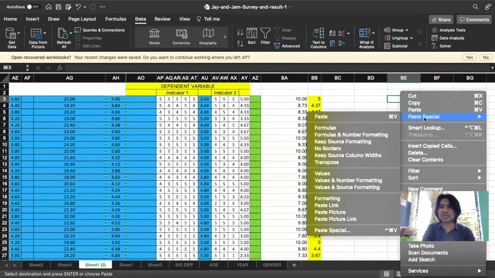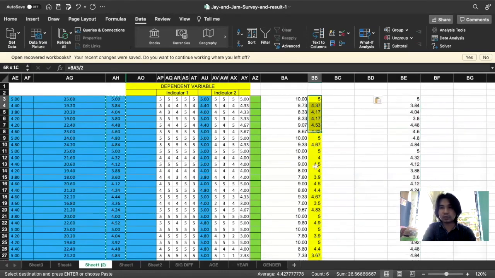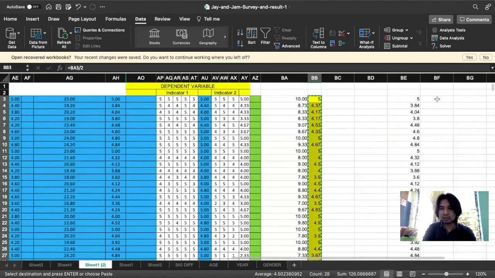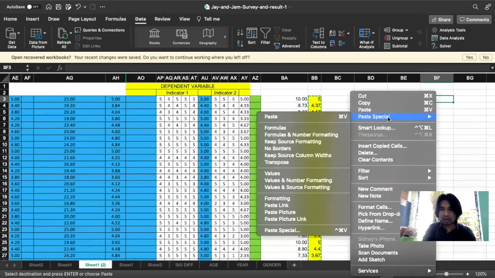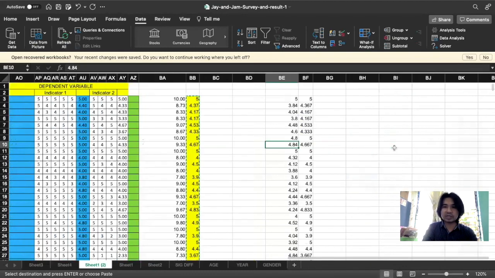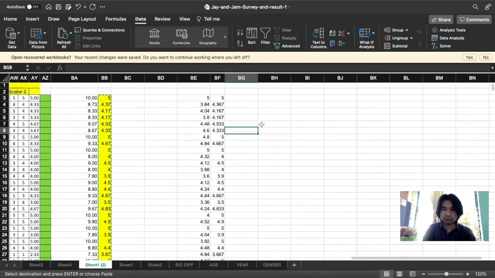So paste special, then values. And this one right here is for the dependent variable. Copy, then right here, paste special, then values. That's it. Just remember that this one right here is the independent variable. All the means on this side are for the dependent variable.